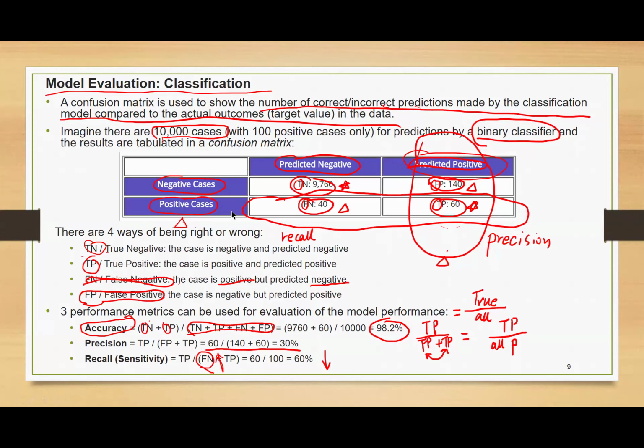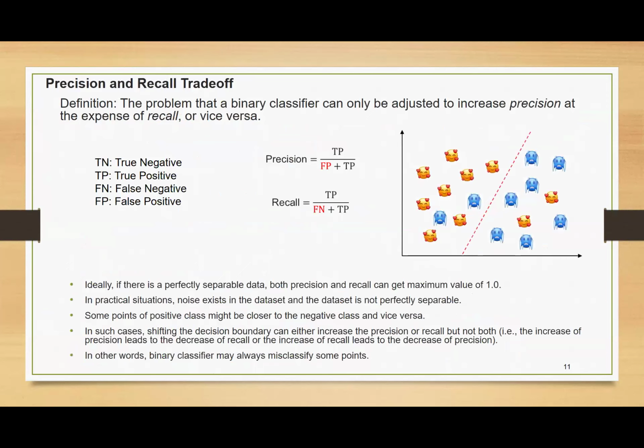So for precision, it focuses more on the correct rate of the predictions you've done. And for recall rate, it focuses on how many true positives you can find in the positive cases. Okay, then actually there's a trade-off between precision and recall rate.